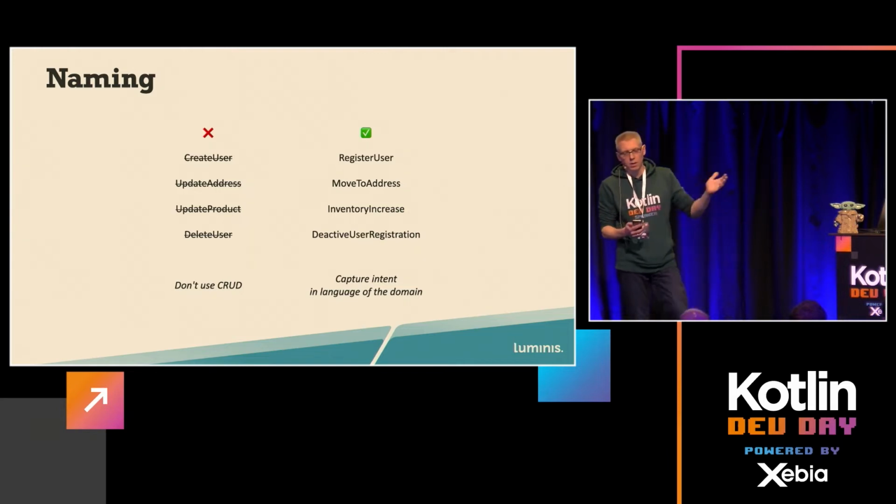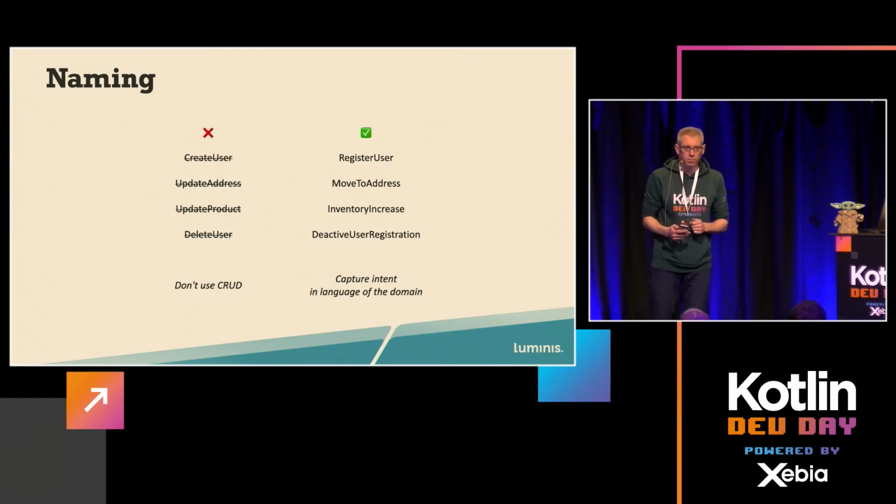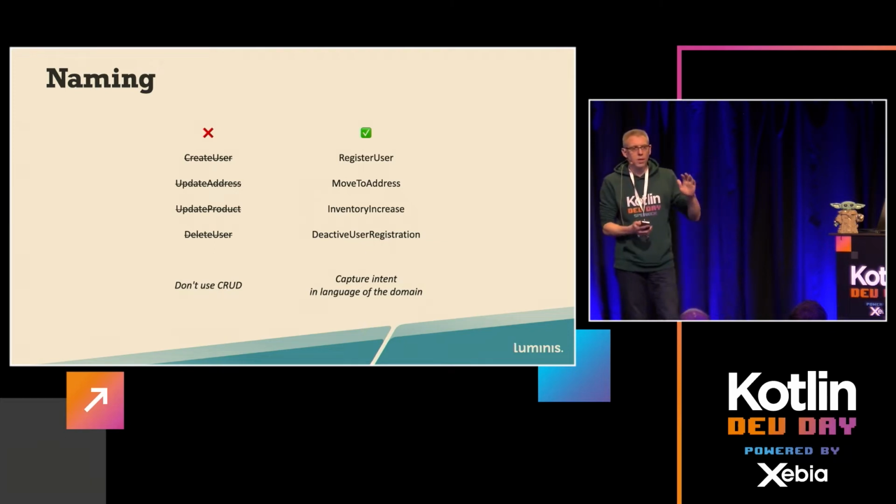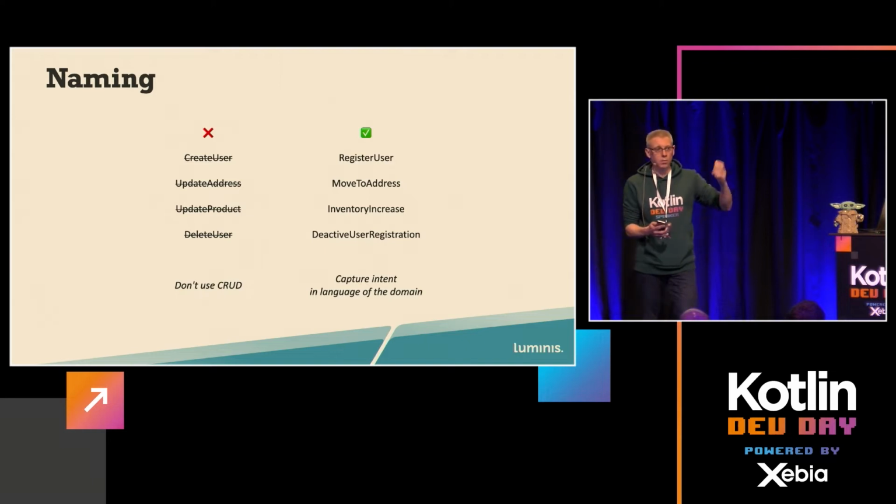You're trying to do something like increase the inventory, which is something else than updating the product. Making that distinction allows you to better understand what someone is trying to do when this command comes in, and also means you can optimize how you deal with it.